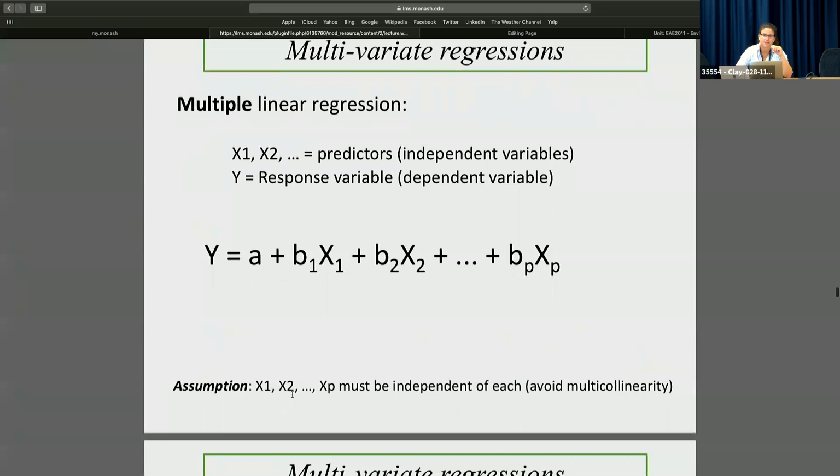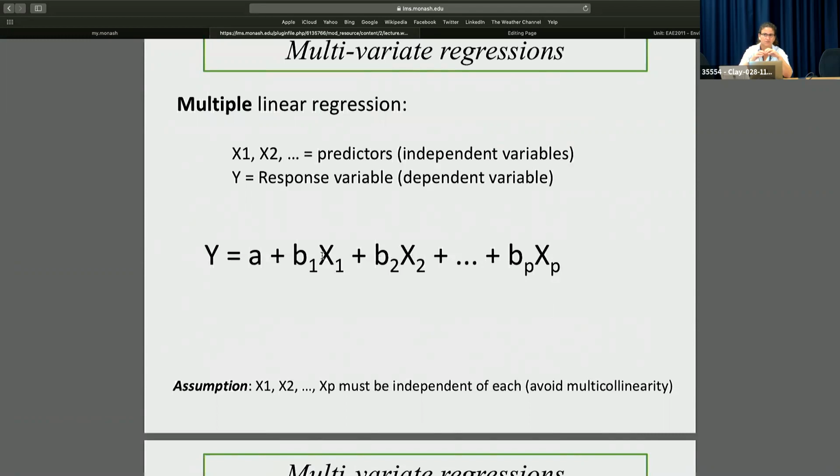Now, I just need to make sure that the things I'm measuring are not linked to each other. So I can't say y as a function of water availability times the slope plus water availability over the month times the slope, because these two are going to be related to each other.